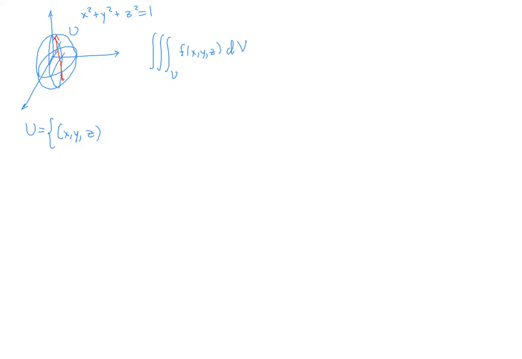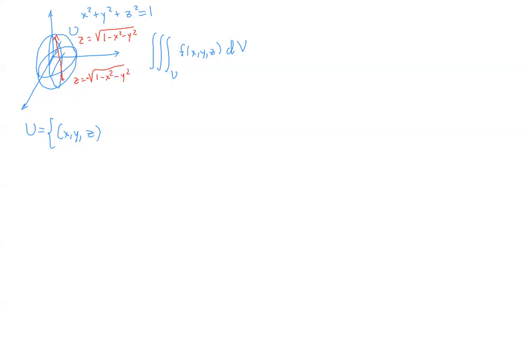So what we will need to do then is use the equation of the sphere and find what the surfaces are. So the upper surface would be z is equal to the square root of 1 minus x squared minus y squared. So we solve for z, and the lower surface would be z is equal to the negative of the same square root, 1 minus x squared minus y squared.